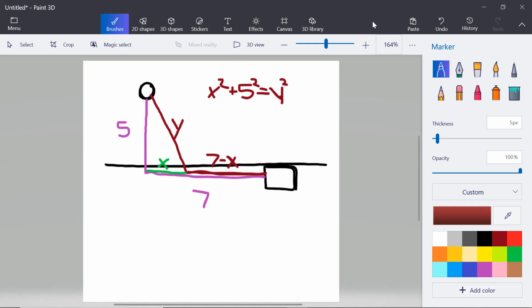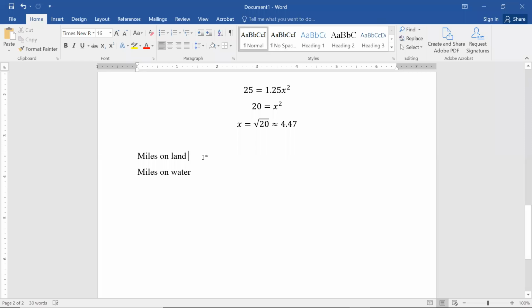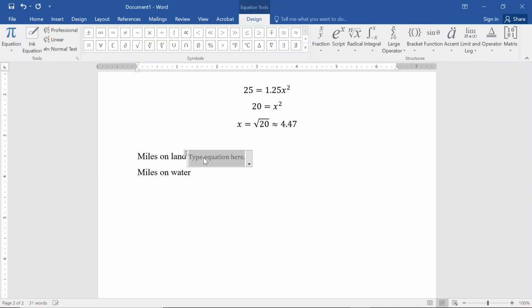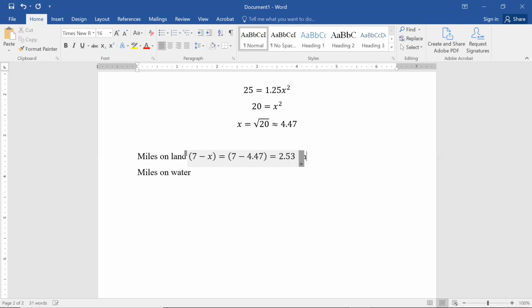Let's do that algebraically. Algebraically, the miles on land, 7 minus x. We now know that x is about 4.47 or square root of 20. So the number of miles on land is 2.53 on land.